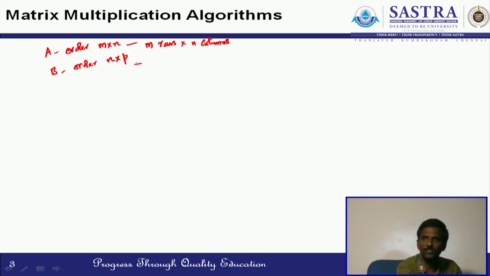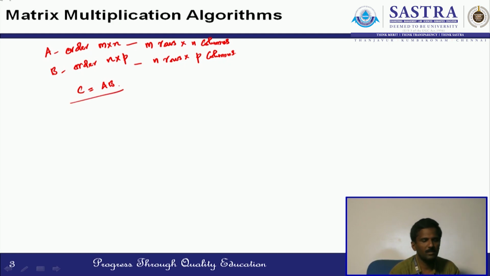For the second matrix, the order is n rows and p columns. Then we can find the product of the matrices defined by C equals A into B, such that the resultant matrix C has an order m by p. That means m rows and p columns.